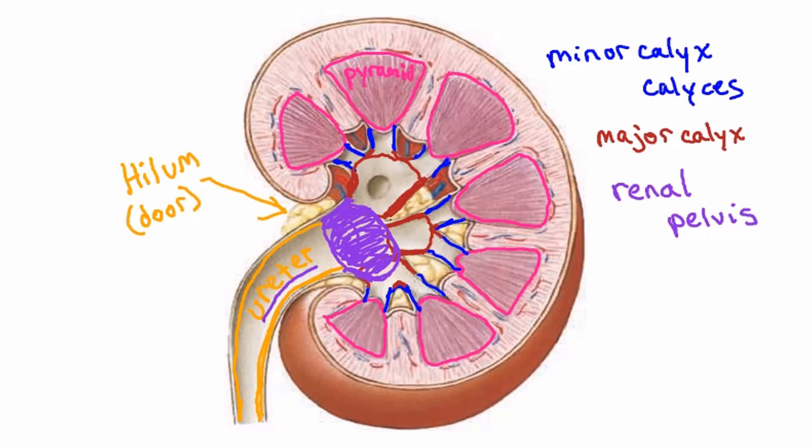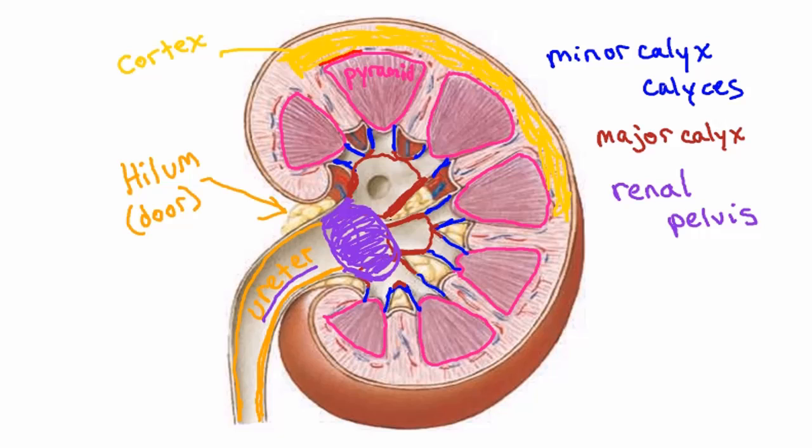Now on the outermost layer inside the kidney, you see this where I'm coloring yellow. This entire outermost layer inside this area of the kidney is called the cortex.